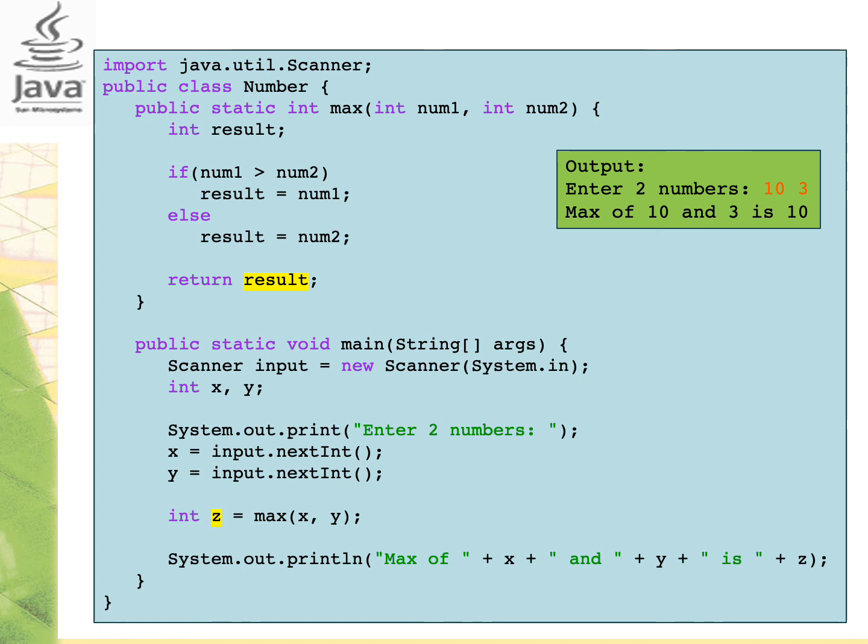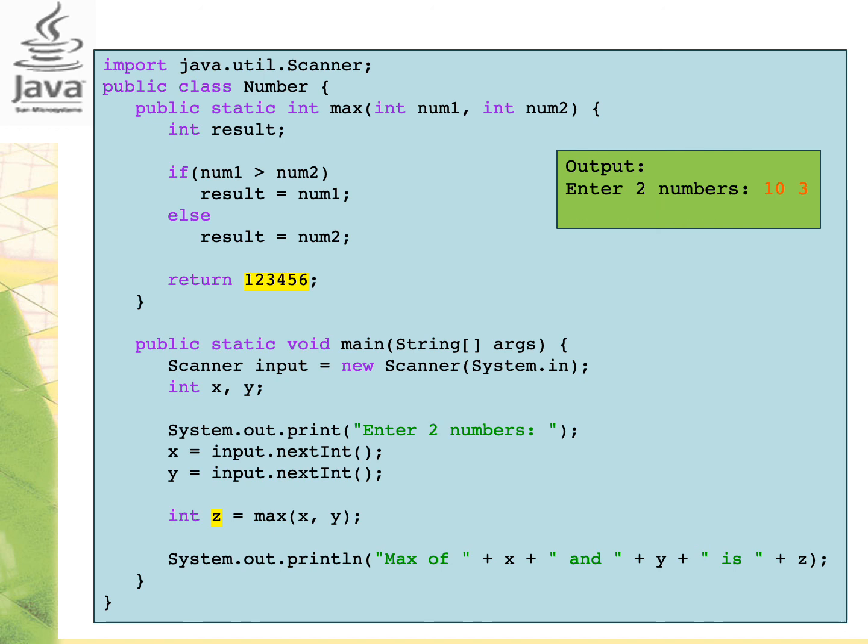As that is true, result is equal to 10. Return result is basically returning the value 10. So variable z in the main method will have the value of 10. When we do system.out.println, it will display that z has the value of 10. Try and run this code to check if you get the same output as shown here.